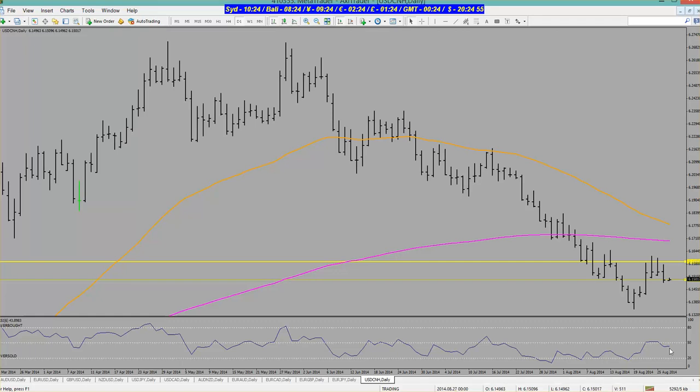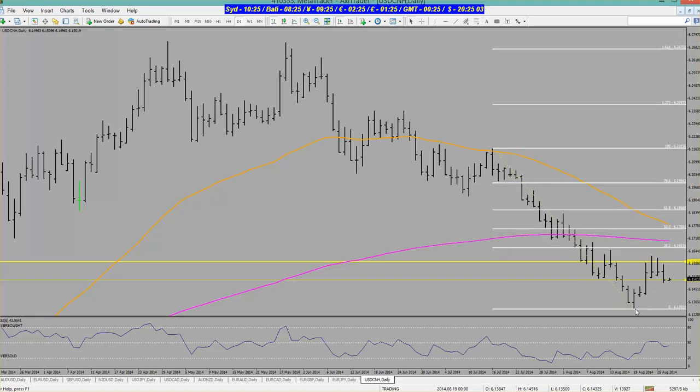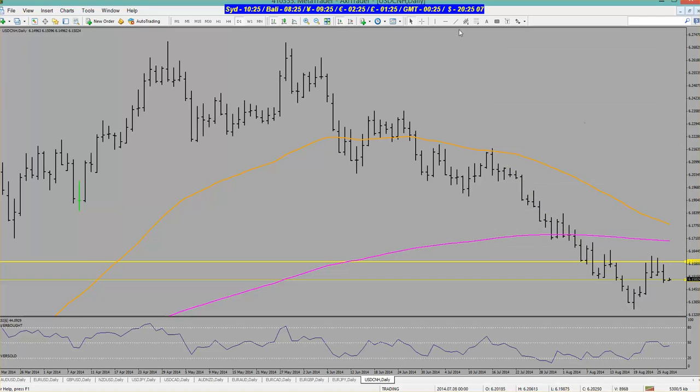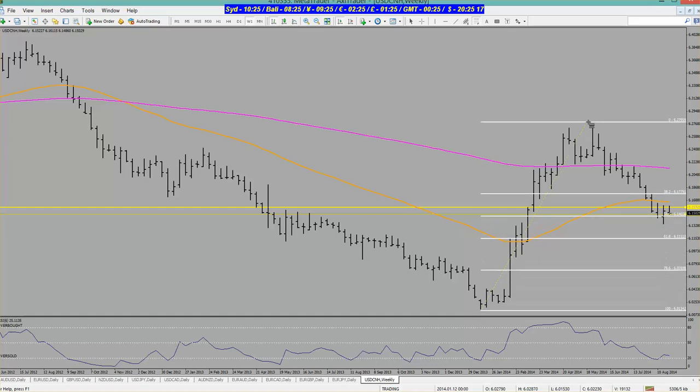The momentum is not too overdone. Retracement, do you have any fib resistance? Not really. You don't need fib resistance, but it might be interesting to have a look at it and say, let's go from this low point here.